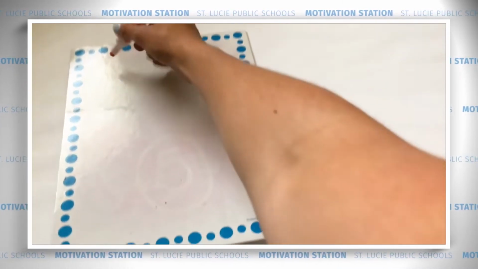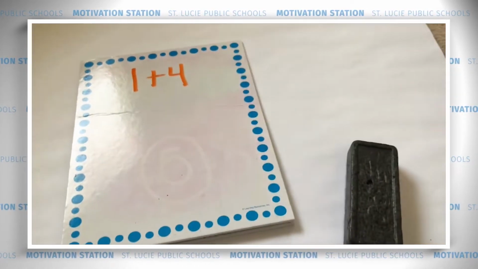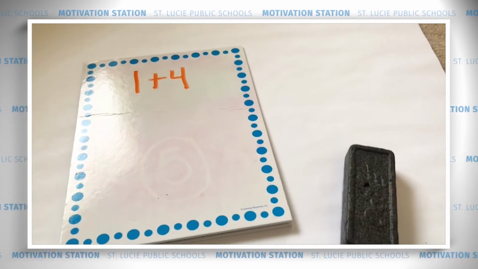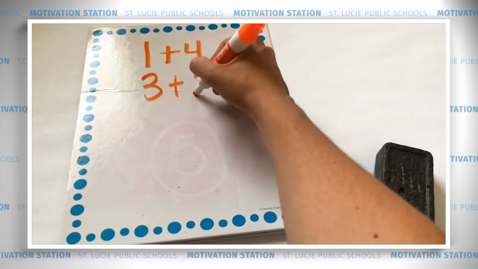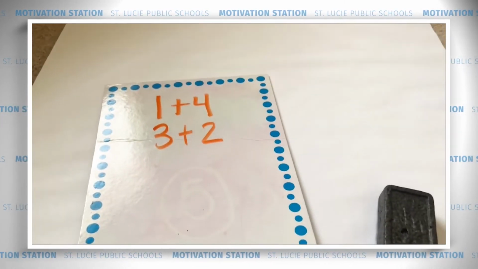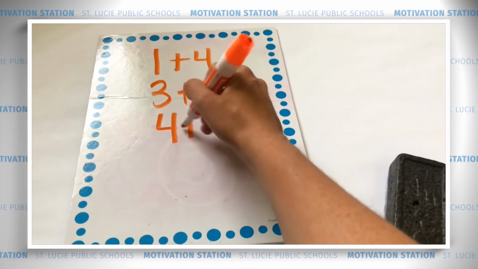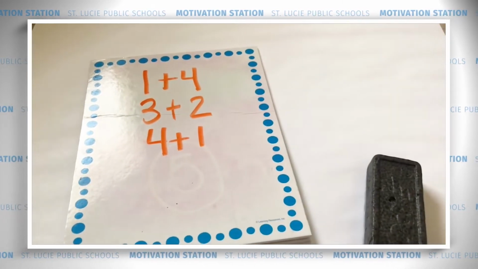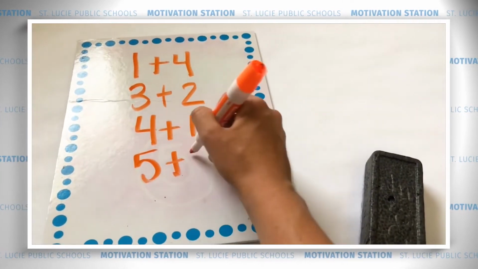Ooh, I heard 1 plus 4. Awesome job. What's another way to make 5? You got it. 3 plus 2. Great. Oh, 4 plus 1. Wow. 5 plus 0.